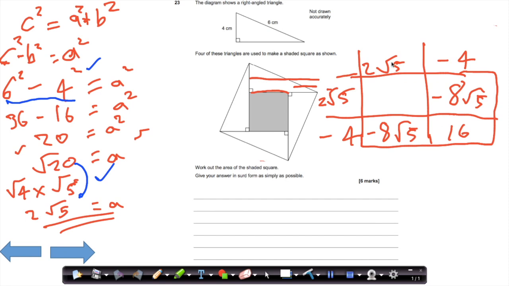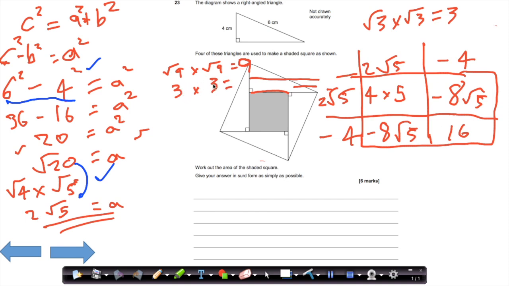And then 2 root 5 multiplied by 2 root 5 is going to give you 2 times 2, which is 4. And then root 5 times root 5, which will give you 5. Just like if you have root 3 times root 3, that will make 3. Or if you have root 9 times root 9, that will give you 9. Remember, root 9 is 3, so what we're saying here is 3 times 3 is 9.